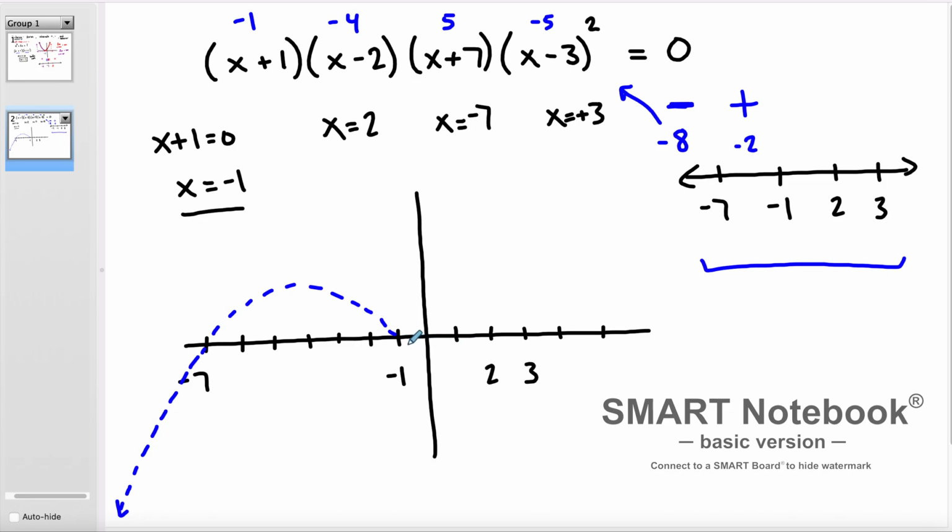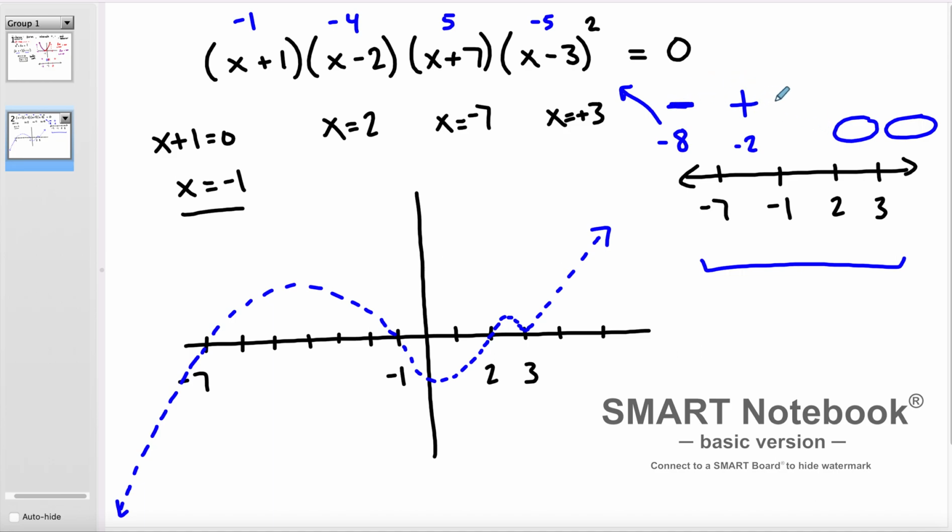Now, we can continue on checking each one, but I'll tell you, this one's going to go negative. It's going to come positive. It has to come back down and touch 3, but since it's a double root, it bounces. Okay. So you would find that actually the interval between 2 and 3 is positive, and the interval here is also positive.